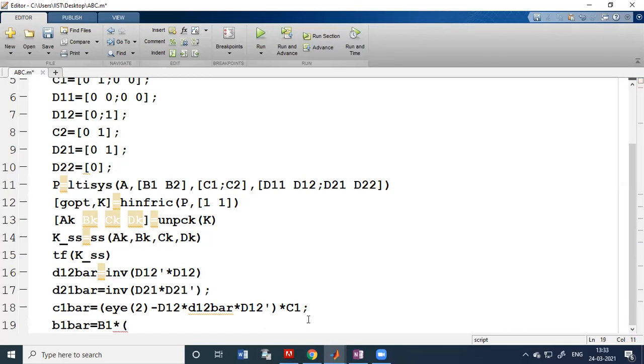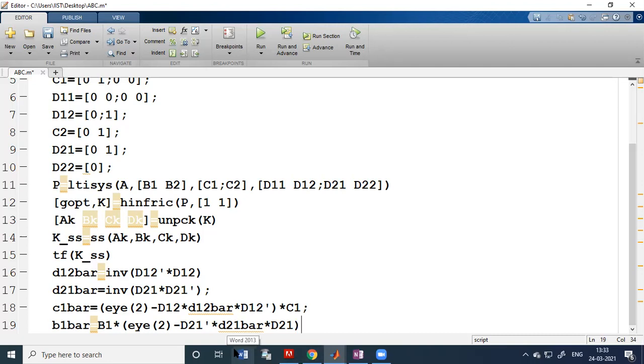So B1 star EYE of 2 minus D21 transpose into D21 bar into D21. Please correct me if I am going wrong. Okay, so this is B1 bar.